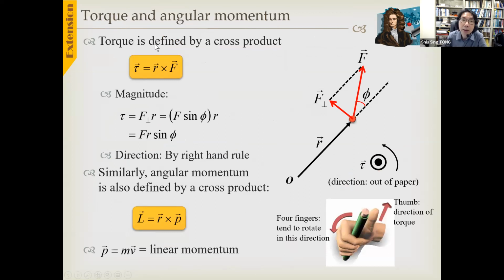And we can define the torque by using a cross product. Now, in our previous discussion, we have this diagram, right? The force is in this direction, so we resolve a component of the force in the perpendicular direction, and r multiplied by F perpendicular gives me the torque. Now, I also want to include the direction. I use the right-hand rule again. I have my vector r pointing outwards, and when r cross with F, it is pointing out of page.